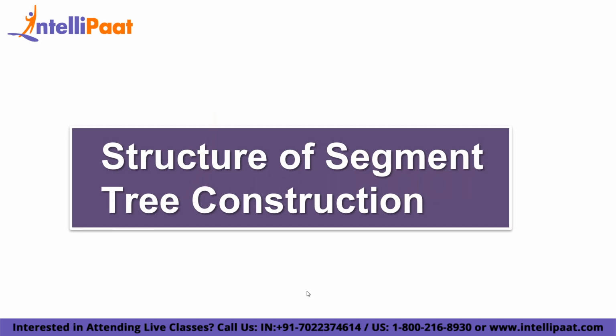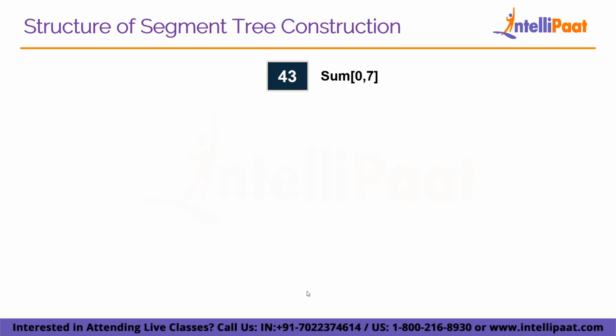Now moving forward, we will see the structure of segment tree construction, as we have already seen how segment trees are constructed and represented. In our example, we wanted to find the sum. The very first node is called the root node and represents the sum of the whole array. So here 43 represents the sum of the whole array, that is from index 0 to 7.